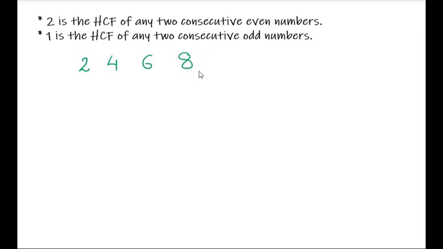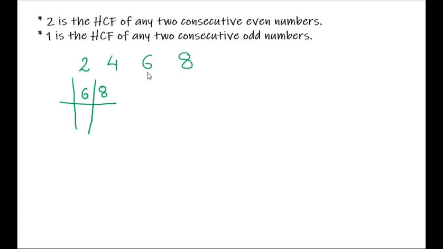Now if I say 6, then the even number after 6 is immediately 8. So 6 and 8 are consecutive even numbers because they come after each other. Now I'll take 6 and 8 and find their HCF. Which table will 6 and 8 be divisible by?